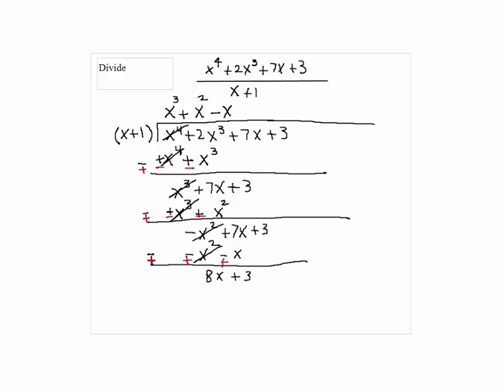Again, we are supposed to subtract to get the remainder. We change the sign to its opposite sign and add instead.